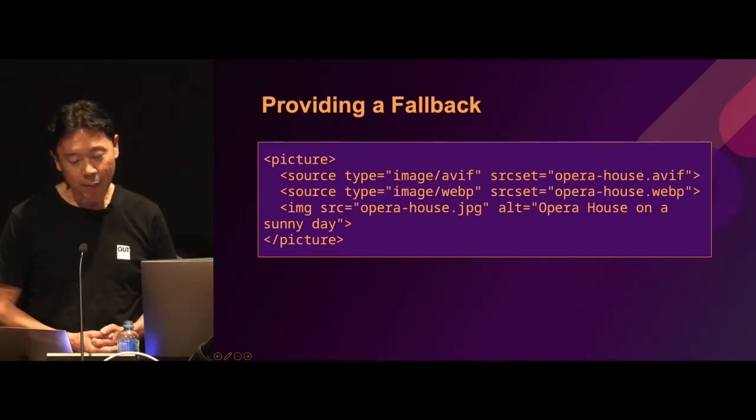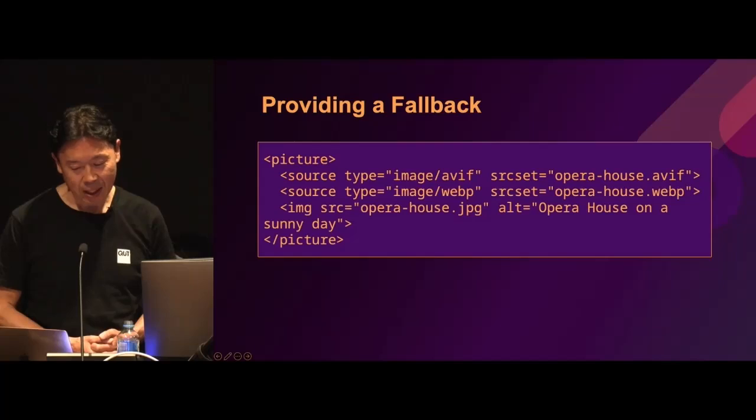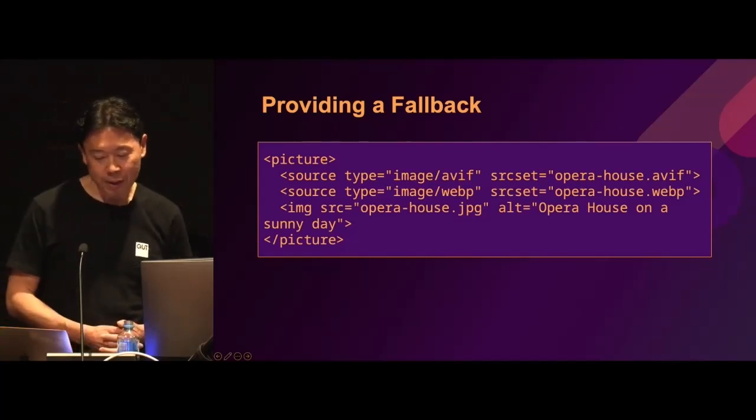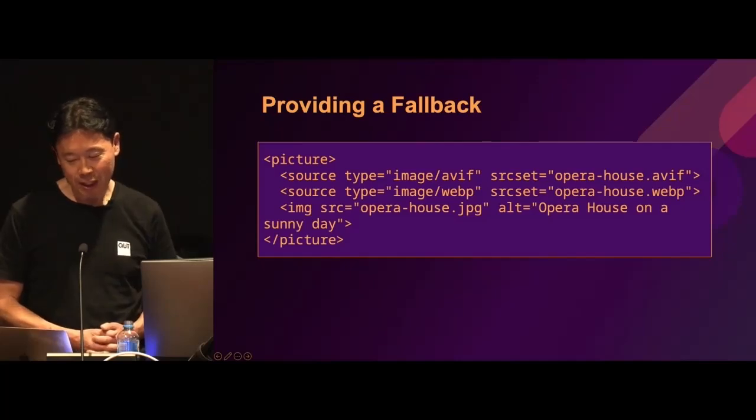First, if a browser supports AVIF, it will load the AVIF image. Second, if it doesn't support AVIF but supports WebP, it will load the WebP image instead. And third, for all the browsers that don't understand the picture tag or source tag, they'll simply load the JPEG image specified in the IMG tag.